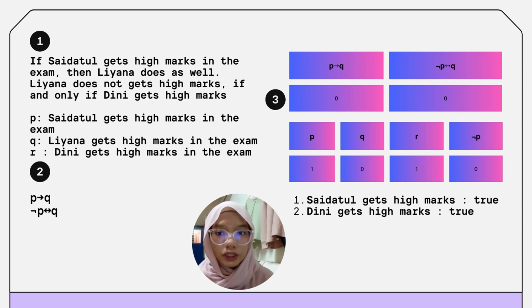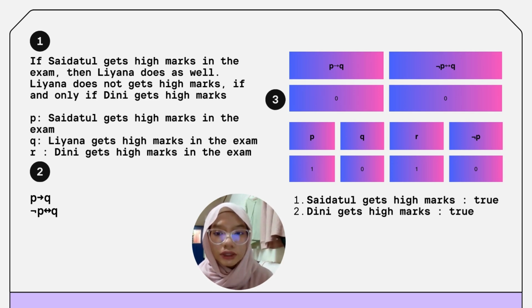For step 1, from the statements: if Saidatul gets high marks in the exam, then Liana does as well; Liana does not get high marks if and only if Dini gets high marks. We can consider P as Saidatul gets high marks in the exam, Q as Liana gets high marks in the exam, and R as Dini gets high marks in the exam.